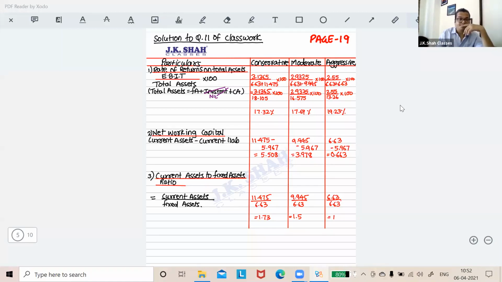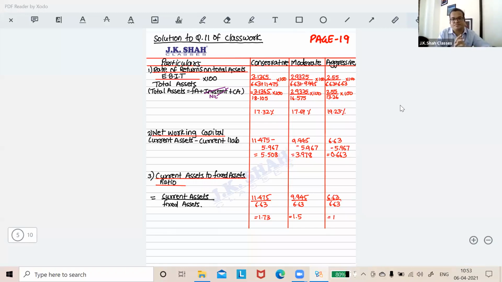Therefore, the risk of non-payment of current liabilities is lowest. I repeat, therefore the risk of non-payment of current liabilities is what? Lowest.